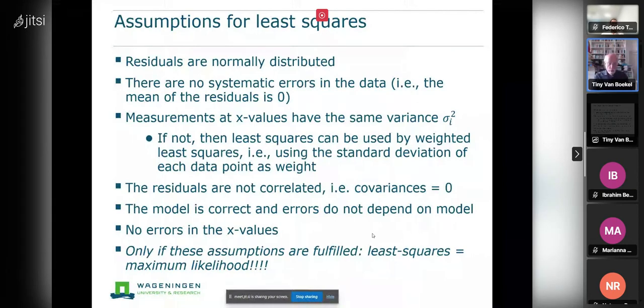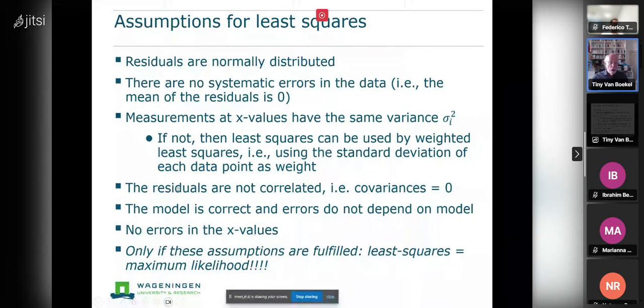That should always be the case, of course, but you have to take care of that. The third assumption is that all the variances around each measuring point are the same. If that's not the case, which can frequently happen, then you can correct for that by using weighted least squares. I'm not going to discuss that, but just for you to know that this is possible.